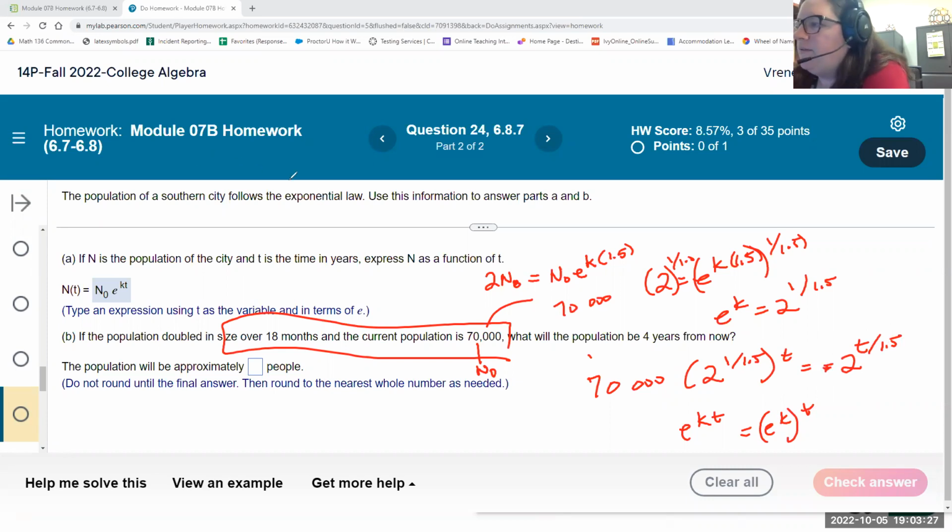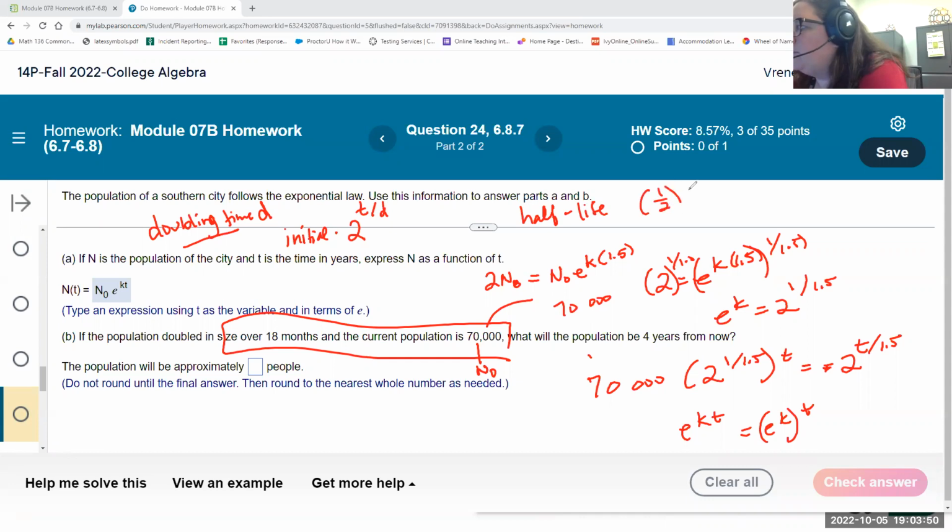In general, if you have the doubling time, then you would have the initial value times 2 to the t over doubling time. If you have the half-life, you'll see on other problems, then you would end up with 1/2 to the t over whatever the half-life is. But you don't have to solve all the way for k. You can just solve for e to the k.